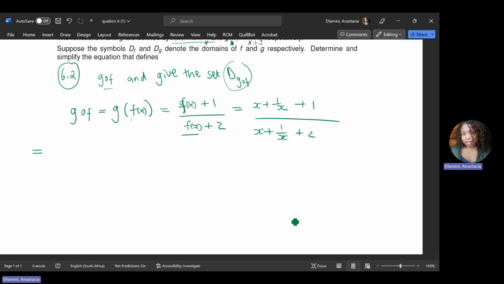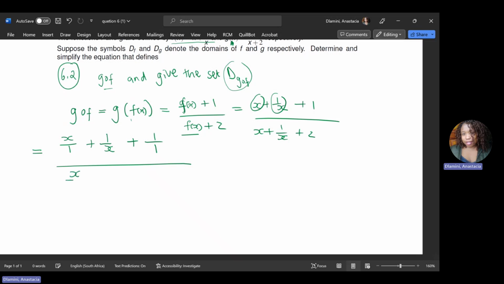Now, to simplify this, let's start with the numerator. In the numerator, we write everything as a fraction. So this X can be written as X over 1 so that it looks like a fraction, and this is already a fraction, 1 over X plus 1 over 1. Over, let's represent the terms in the denominator as fractions as well.